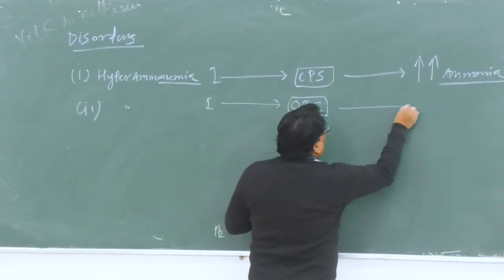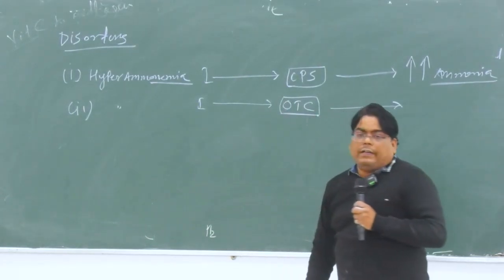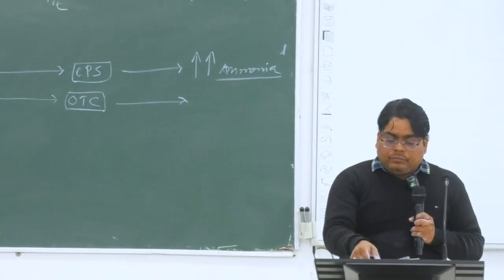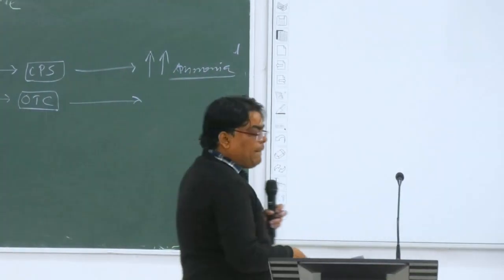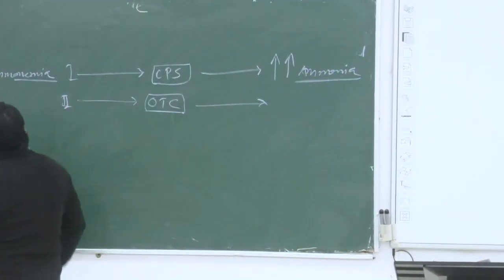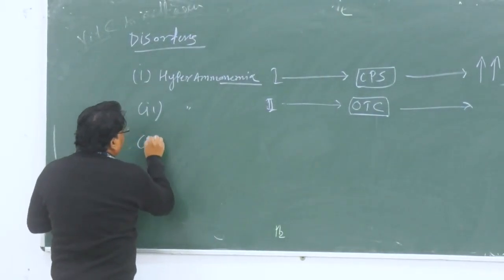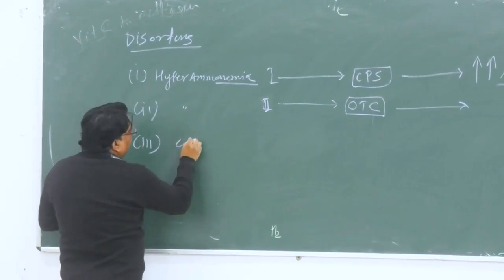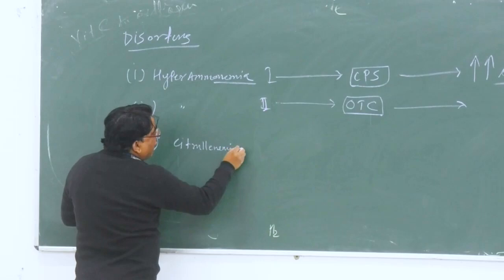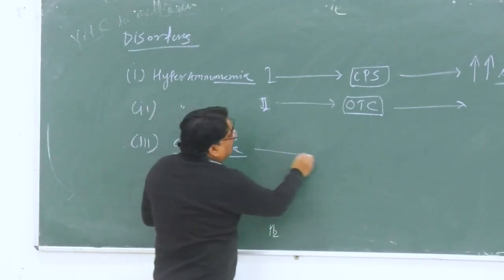Ornithine transcarbamylase. Okay. It is called the second hyperammonemia, caused by ornithine transcarbamylase. Third one, citrullinemia, by an enzyme defect.